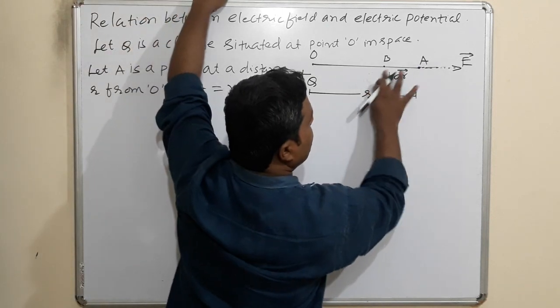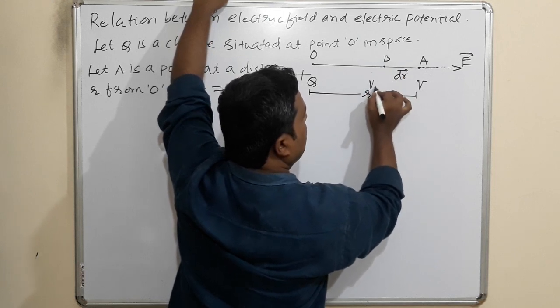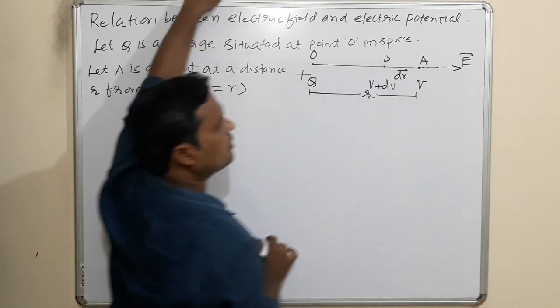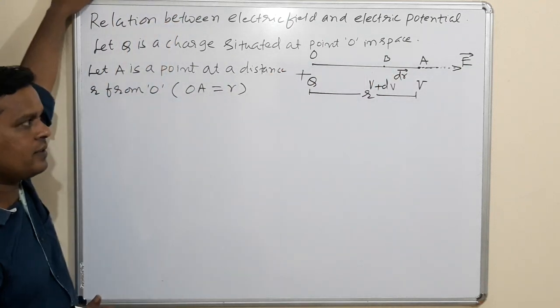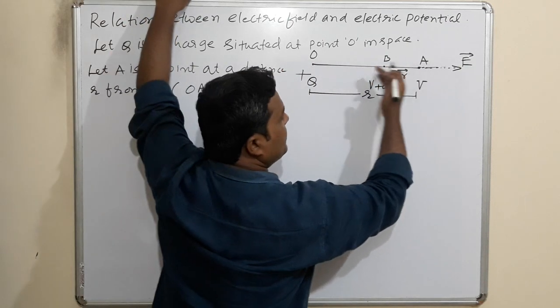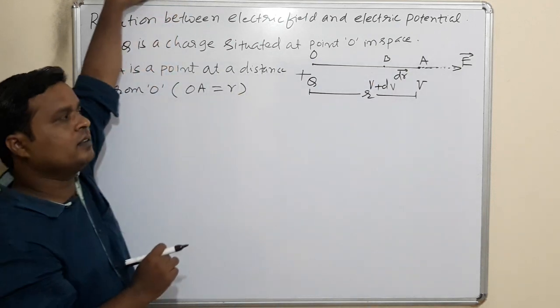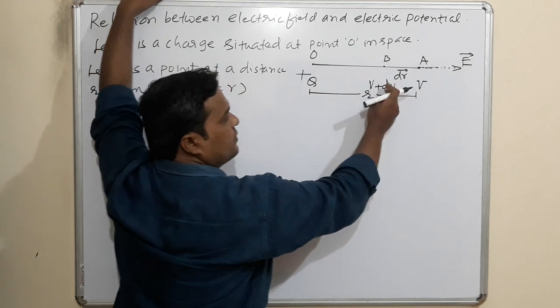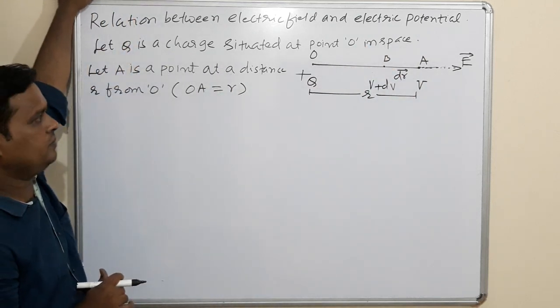Potential at A is V, potential at B is V plus dV. That means if you come closer to the charge, potential is going to increase. By how much is the potential increased? dV. Then what is the potential difference between A and B? It is V plus dV minus V. The potential difference between A and B is dV.